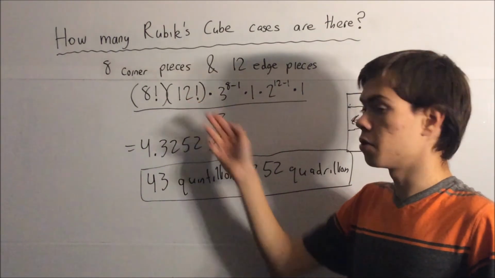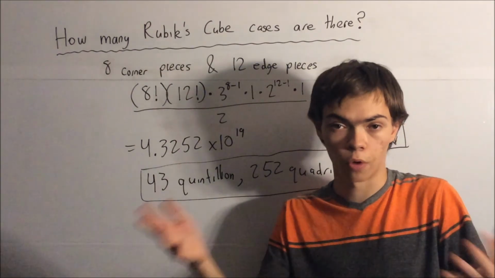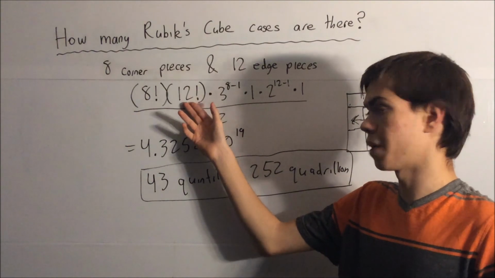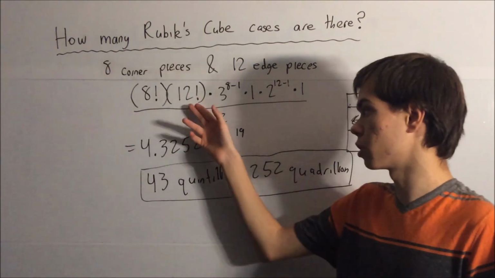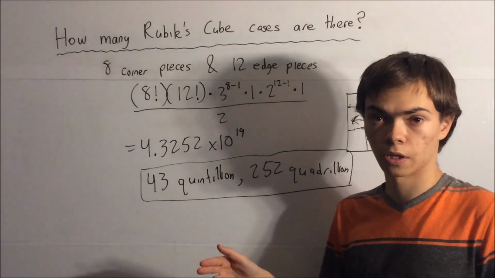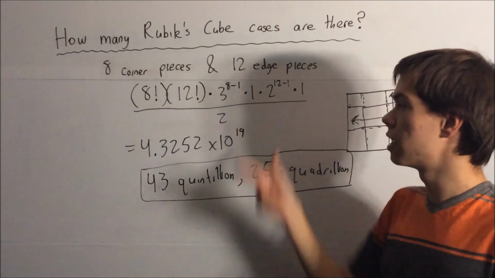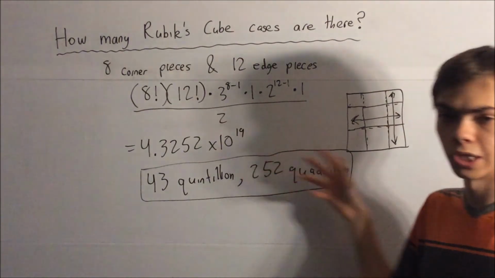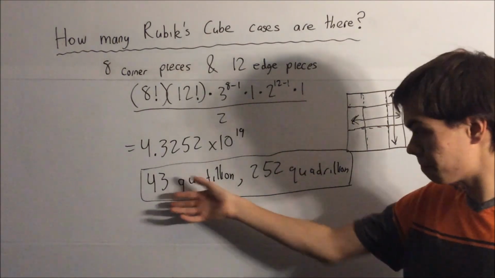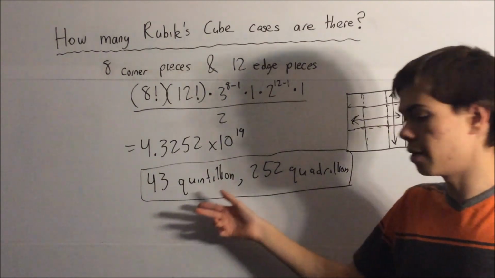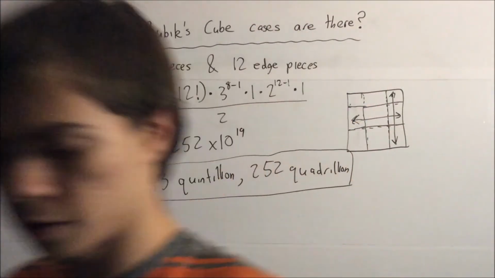In fact, when you say something's exponentially growing, that's nothing compared to growing at a factorial rate. Factorials grow faster than exponentials. And right here, we're multiplying factorials by exponentials, and that's what makes this value really large. And so, well, this is it. The number of possible cases that you can get from scrambling a Rubik's Cube.